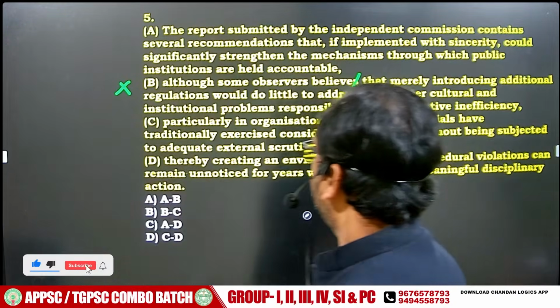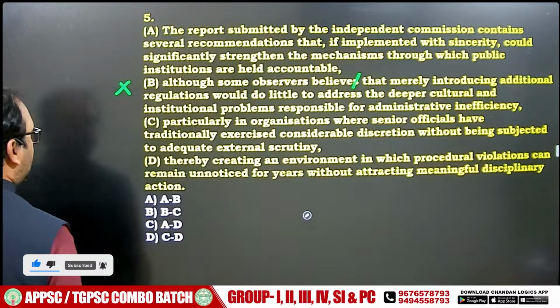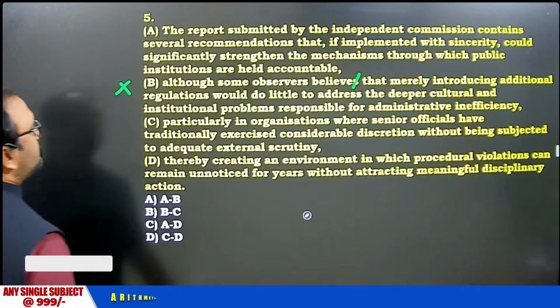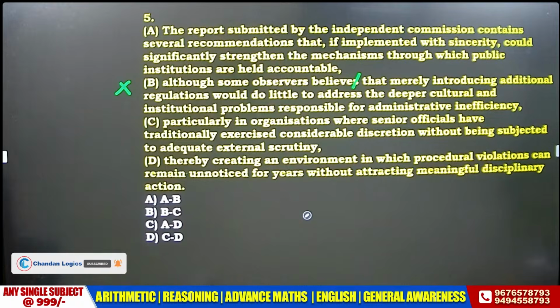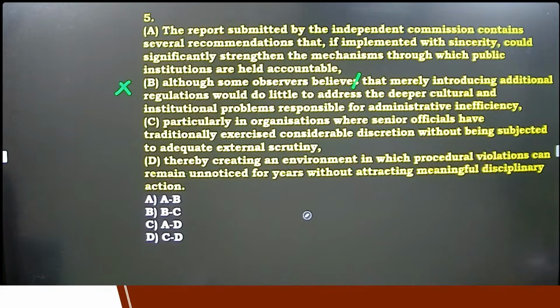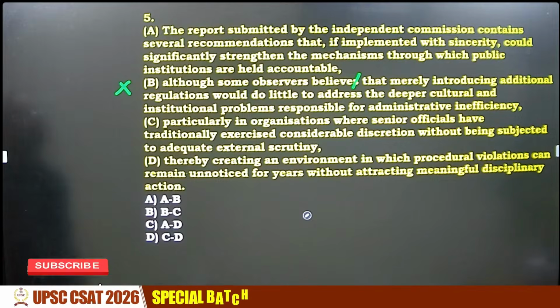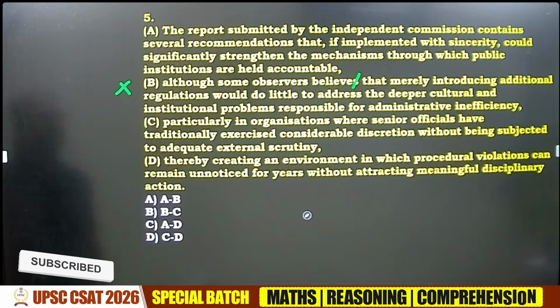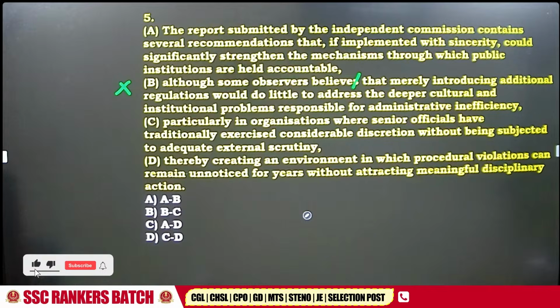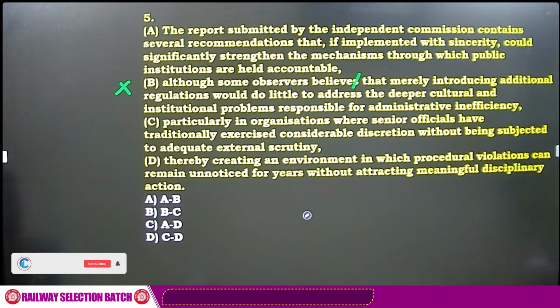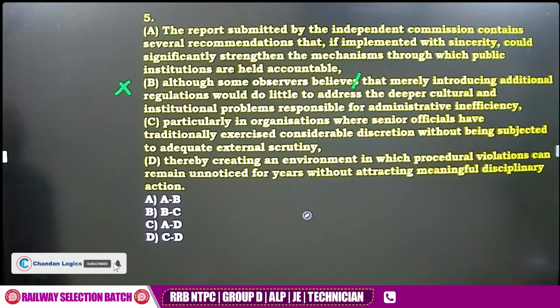What next? Now, do you think the error is in the A part or C part? A part or C part? The report submitted by the independent commission contains several recommendations that, if implemented with sincerity, could significantly strengthen the mechanisms.